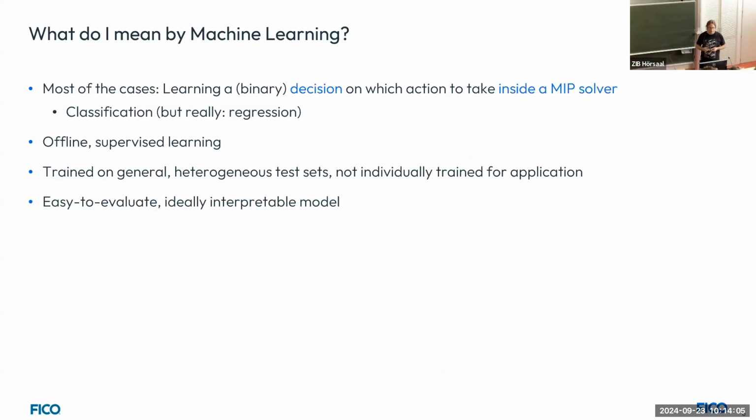I will argue in a minute why I rather consider this a regression task as well. And in all cases, we'll be looking at offline supervised learning approaches. Once again, trained on general heterogeneous test sets, and we are looking for models that are easy to evaluate, ideally also easy to interpret, such that they can be run inside a solver by default.